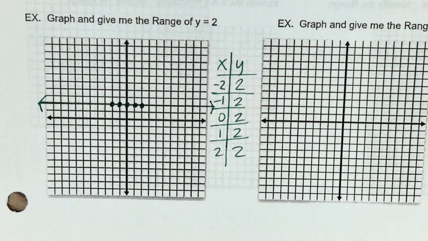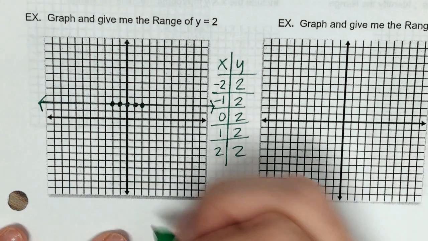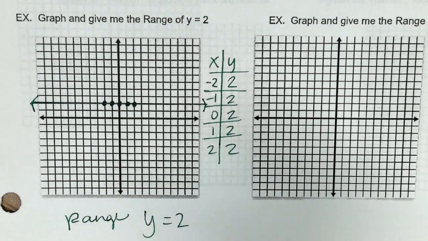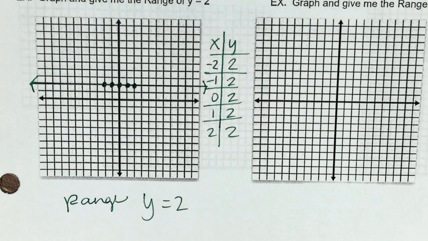What does range mean? How high or how low it goes, right? What is the range here? What is y always? The range is y equals 2. That is your range. The domain, left to right, is all real numbers because it's going to keep going left and right forever. But the range is 2.